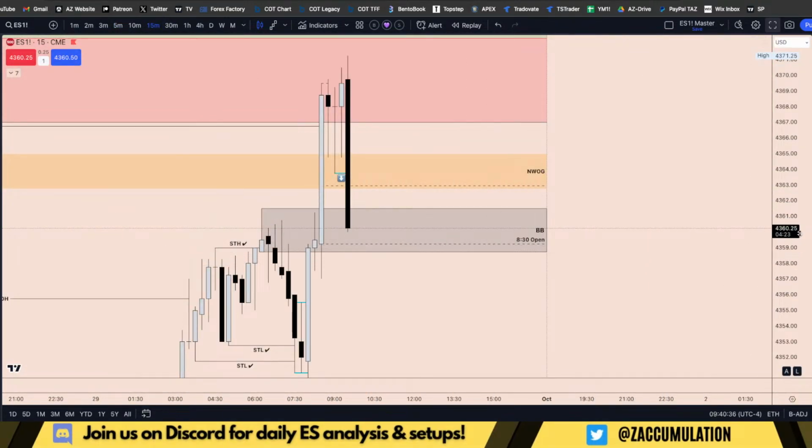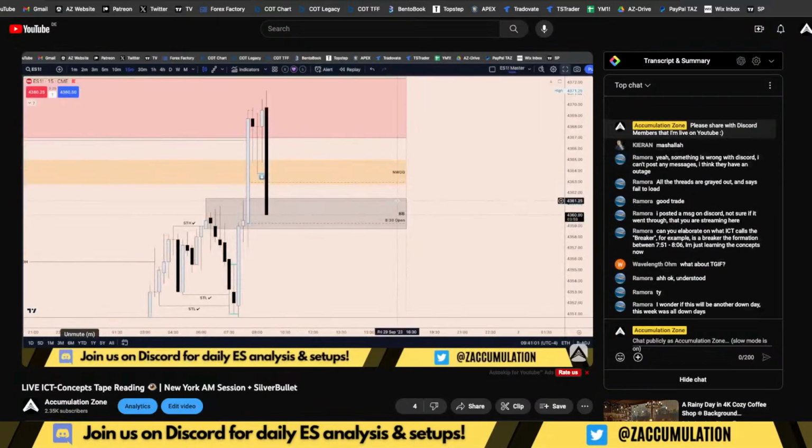So I will wait for this 15-minute candle to close to confirm if we're gonna go long or short. So we're going inside there.